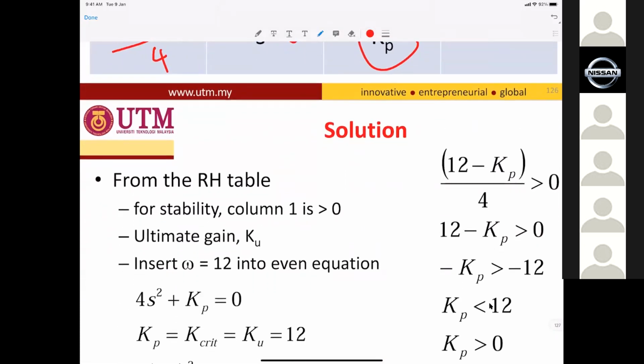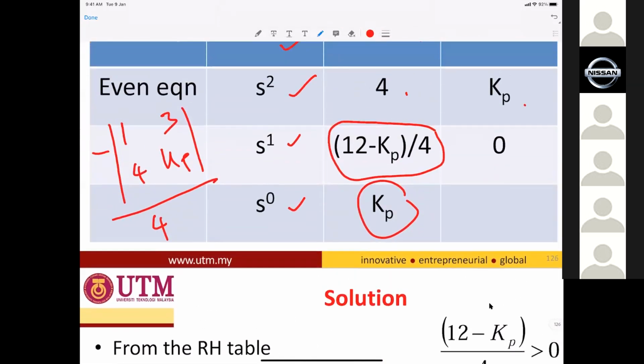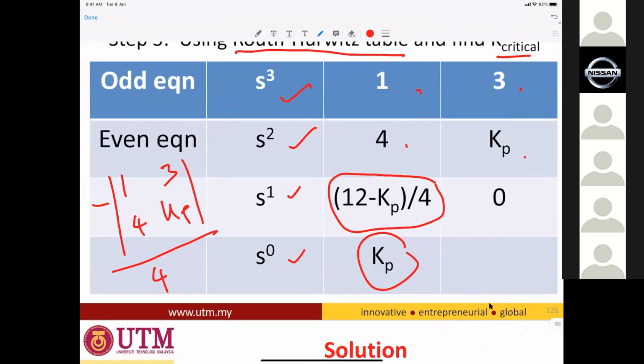Then from the Routh table, column number 1 is positive 1, positive 4, then 12 minus Kp divided by 4 greater than 0 and Kp greater than 0, for stability.